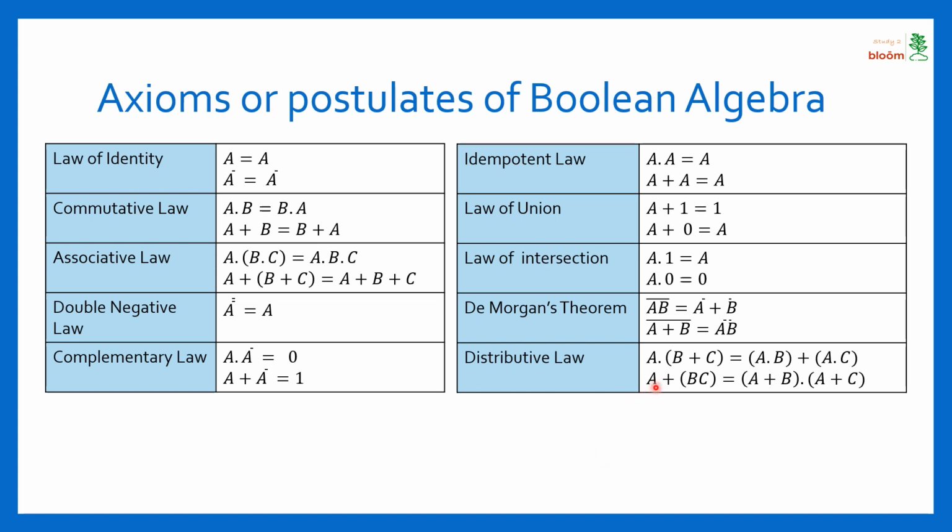And here A plus BC equals A plus B into A plus C, because when we multiply A into A, it is equal to A, then A into C, B A and B C. We can simplify it further using these laws, and the result is A plus BC.